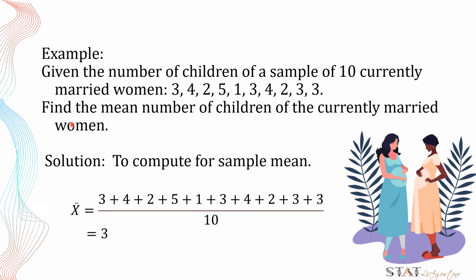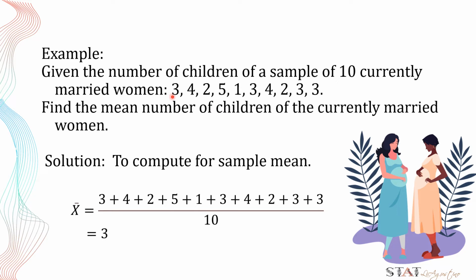The question is: find the mean number of children of the currently married women. Solution: to compute for the sample mean, x bar, because I'm talking about the sample mean, x bar is 3 plus 4 plus 2 plus 5 plus 1 plus 3 plus 4 plus 2 plus 3 plus 3 over the sample size.